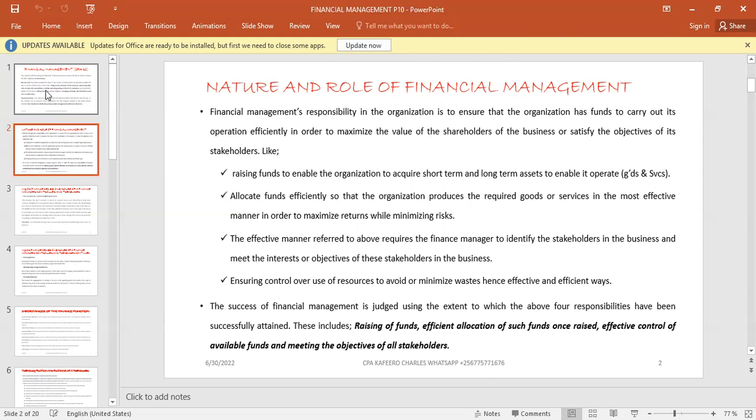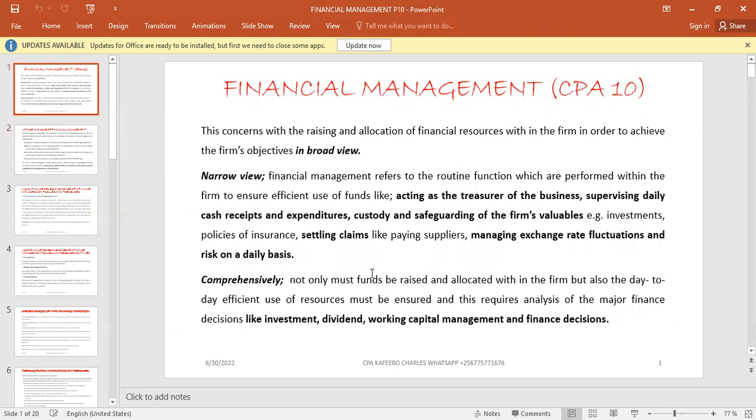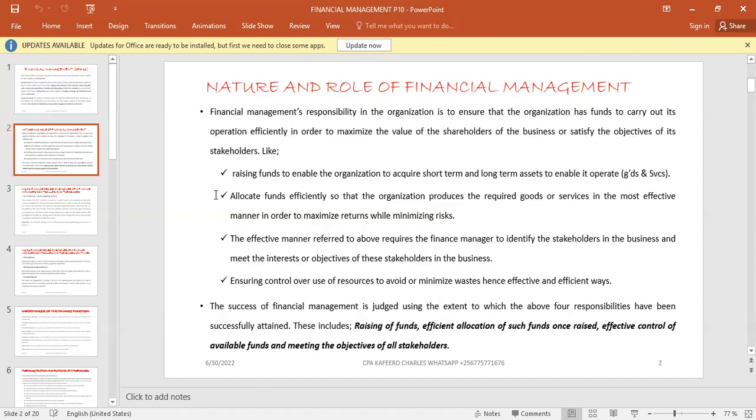This comes from what we've discussed in the general view here. You are seeing the main emphasis is to raise the resources and allocate them within the organization effectively, so that we satisfy the stakeholders.